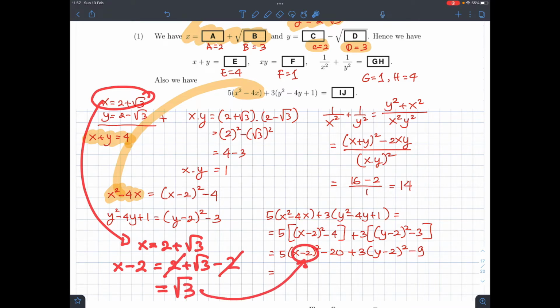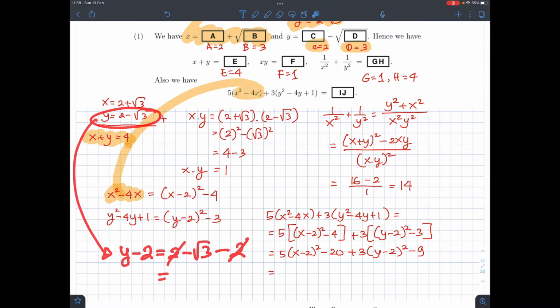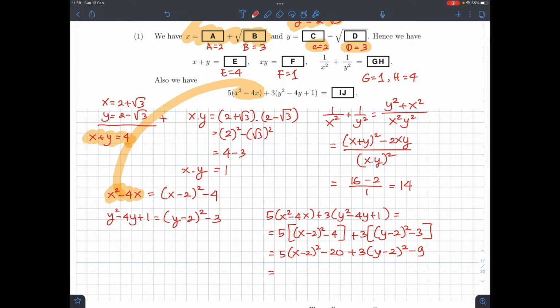Okay, square root of 3, and the same for y. You have y equal to minus square root of 3. When you calculate y minus 2, you just put minus 2, cancel out this one, and you get negative square root of 3, I mean, yeah.